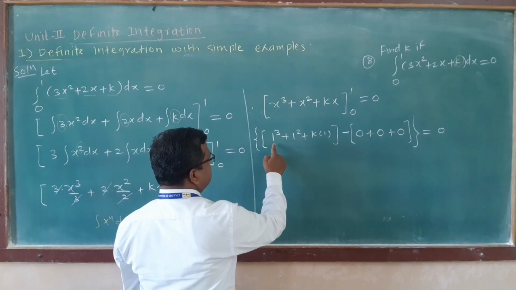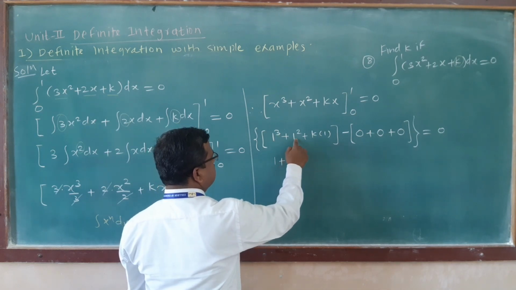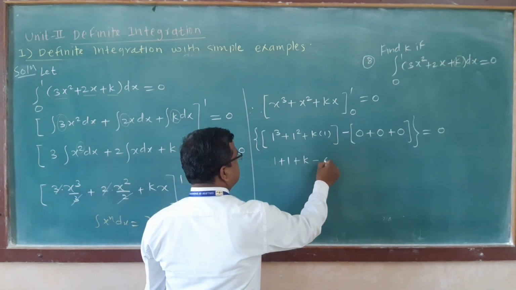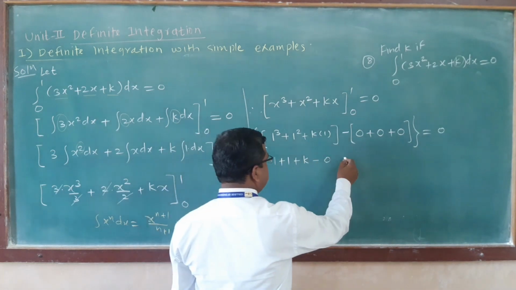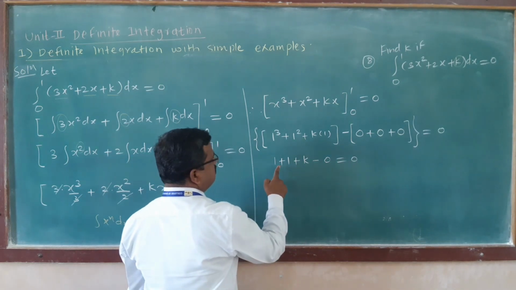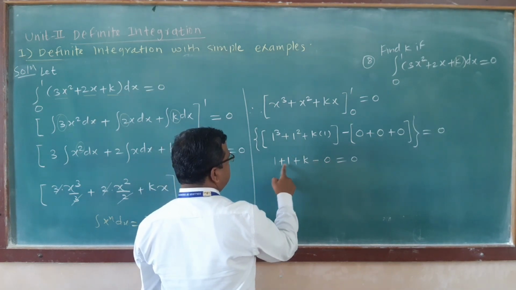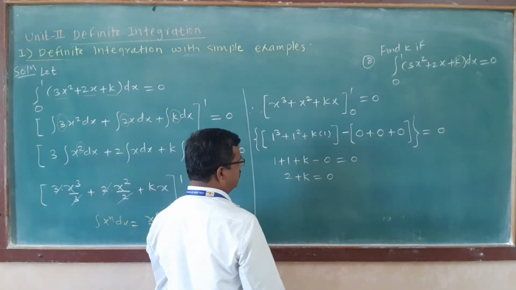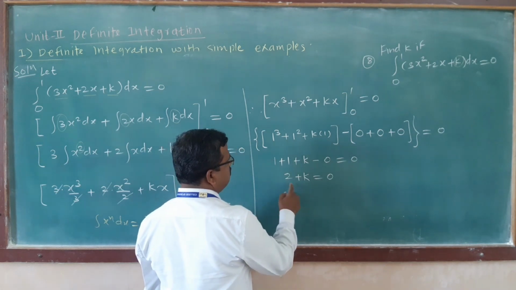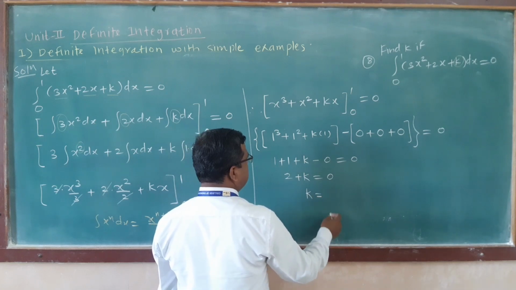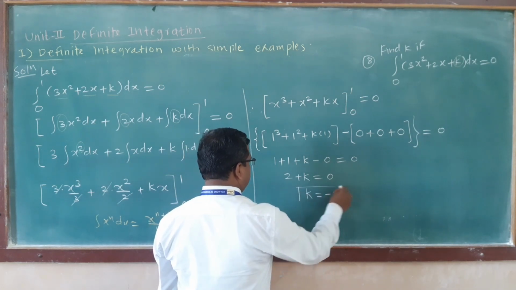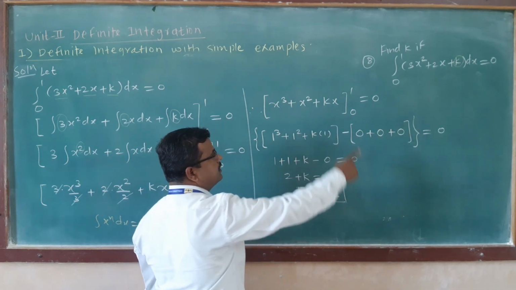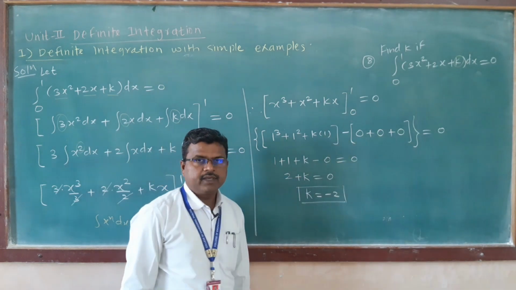Now simplify this, 1 cube is 1 plus 1 square is 1 plus k minus 0 is equal to 0. So 1 plus 1, this is 2 plus k is equal to 0. Now change side of this 2, therefore we will get k is equal to minus 2. So this is the required value of k in the given equation of integration.